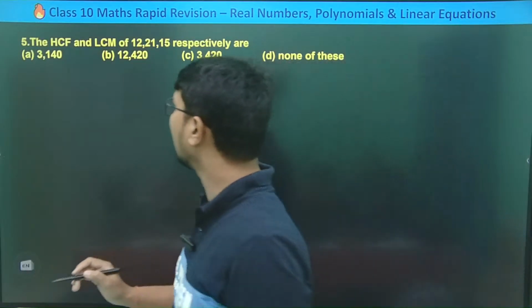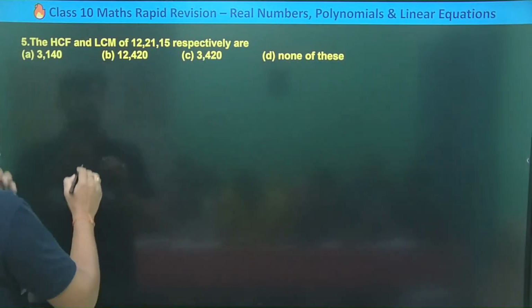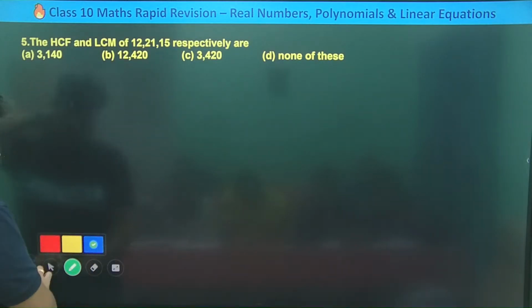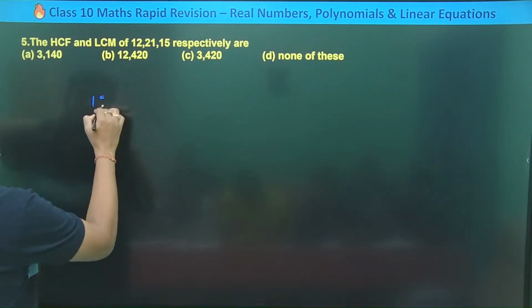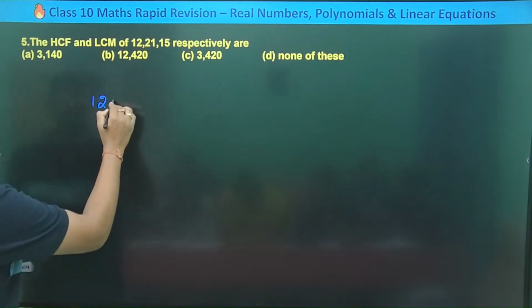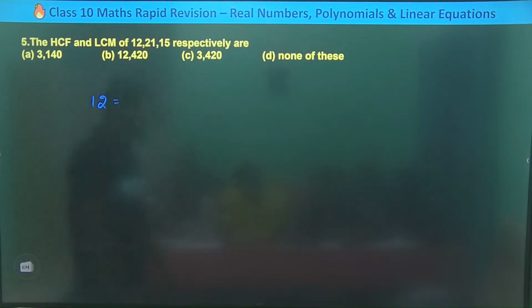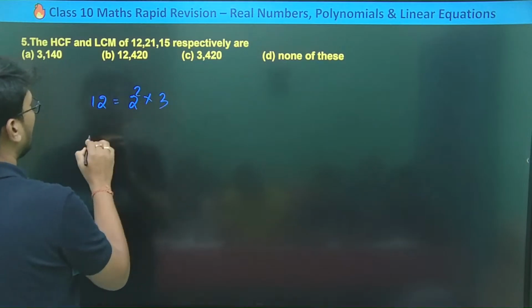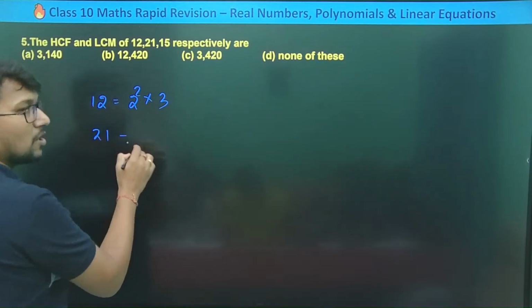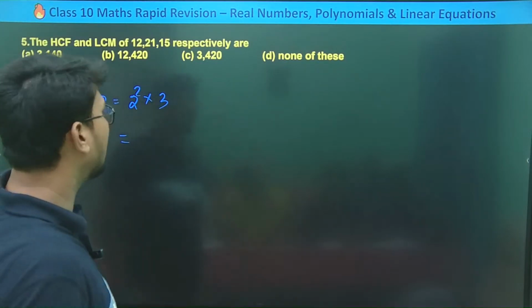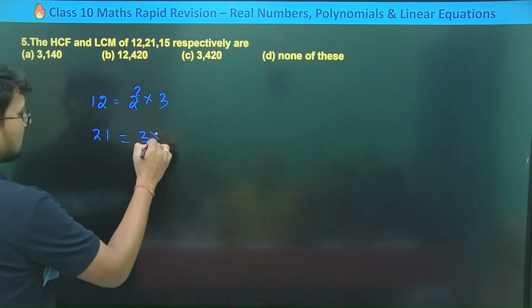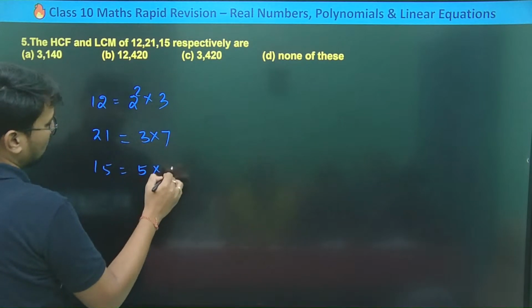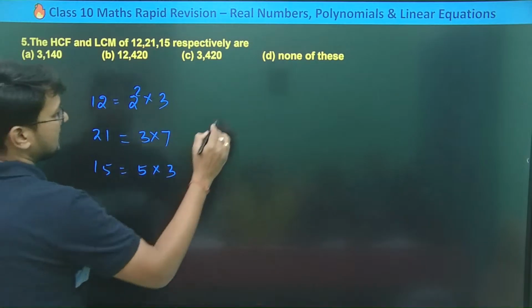Okay? Find it. Tell me, children. What is the factorization of 12? 12 is 2 square into 3. And 21 is 3 into 7. 15 is 5 into 3.